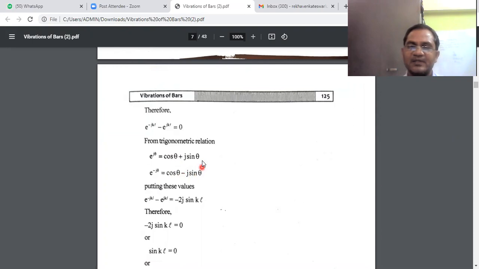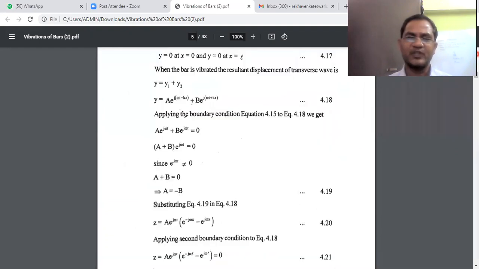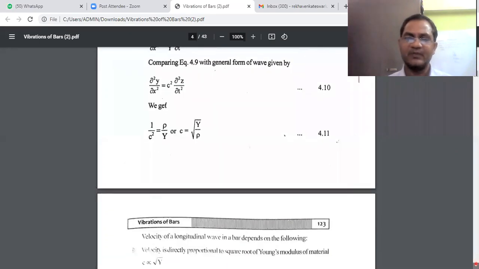So substituting these values here, e power minus jkl minus e power jkl, the cos terms will be cancelled. Only the sin terms will be left, with the value minus 2j sin kl. Right. So putting this value in the above expression.